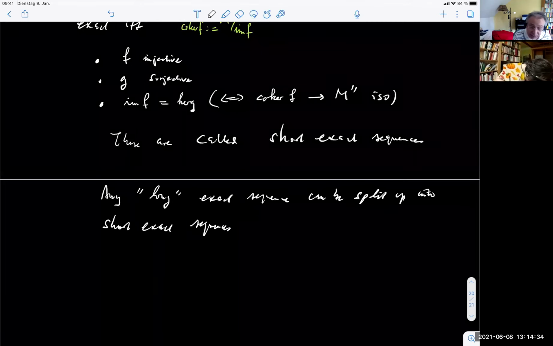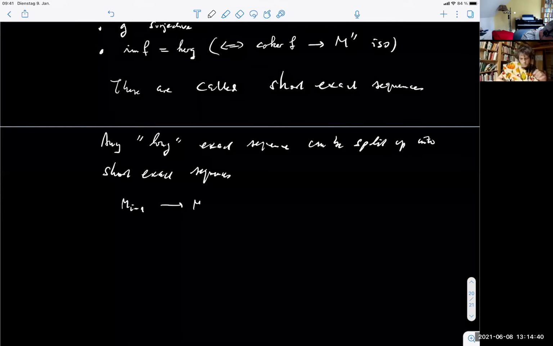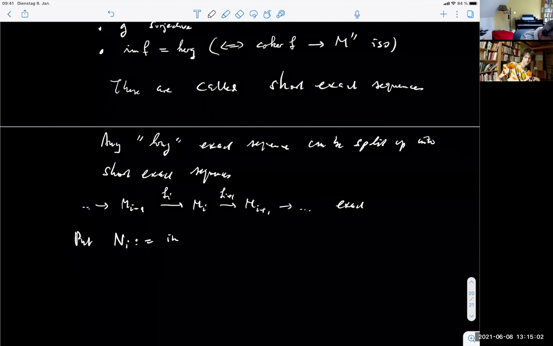There's not much happening actually. Let's assume I have this part of my sequence. It goes on. This I denote Fi, this is Fi plus 1. Assume this is exact. Then I put Ni as the image of Fi.